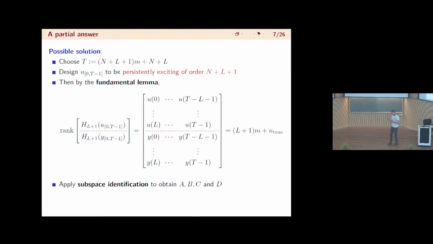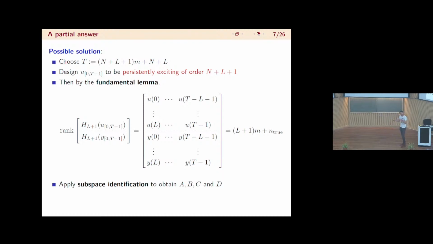But it turns out that one can tweak the scheme and work with persistently exciting inputs of slightly lower order. Namely, you only need persistency of excitation of order n plus L plus 1. I did not explain that on Monday. It's a bit of a technical argument, but the bottom line is that instead of working with persistently exciting inputs of order 3n, you can work with this order by making some modifications to their scheme.